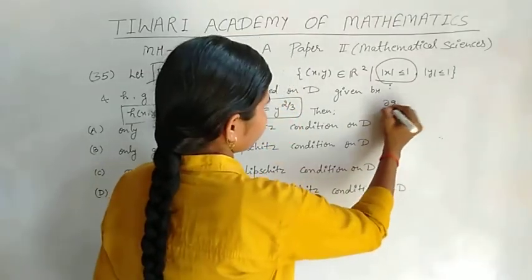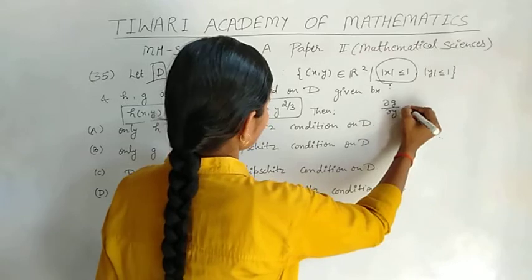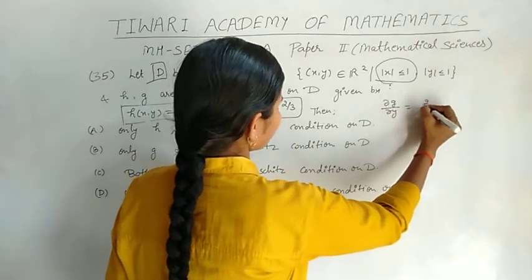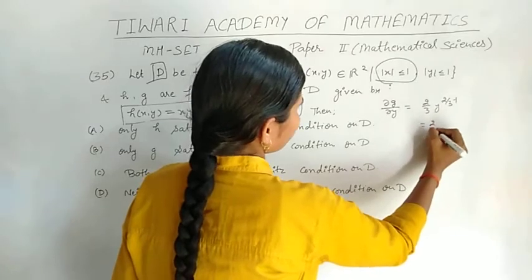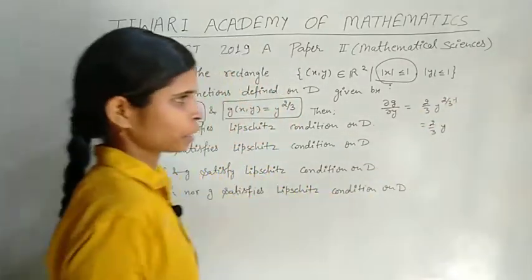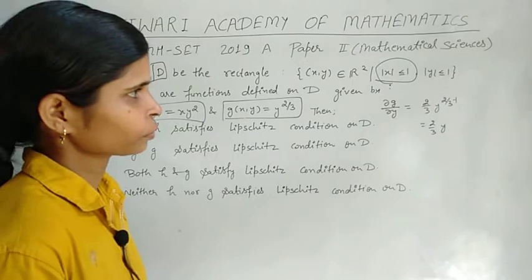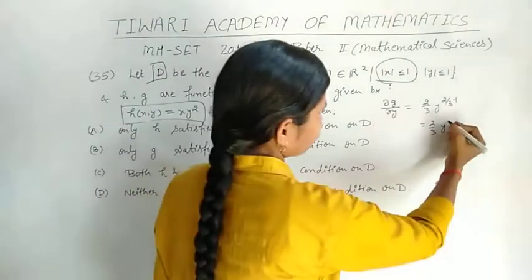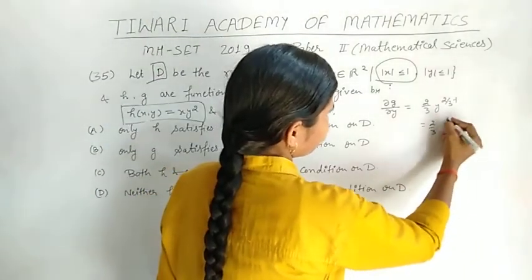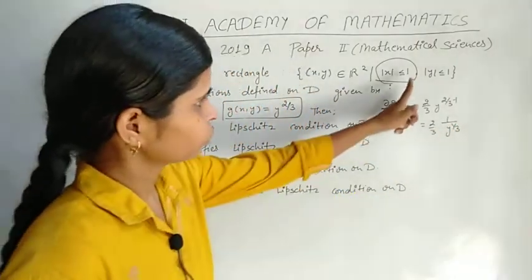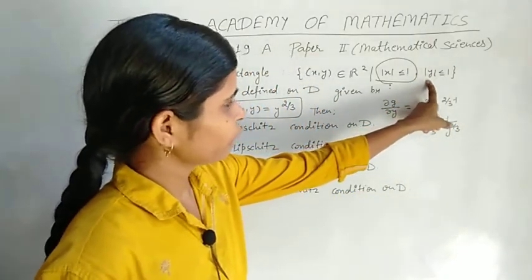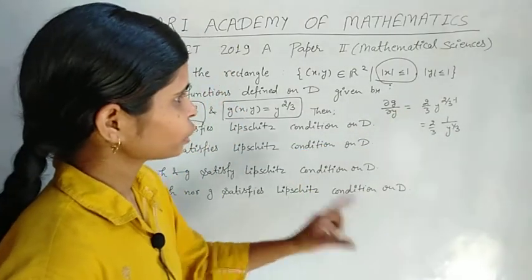∂z/∂y is equal to 2/3 y raised to power 2/3 minus 1, 2/3 y raised to power 2 minus 3, minus 1/3, that means 1 upon y raised to power 1/3. y is greater than or equal to -1, less than or equal to 1.